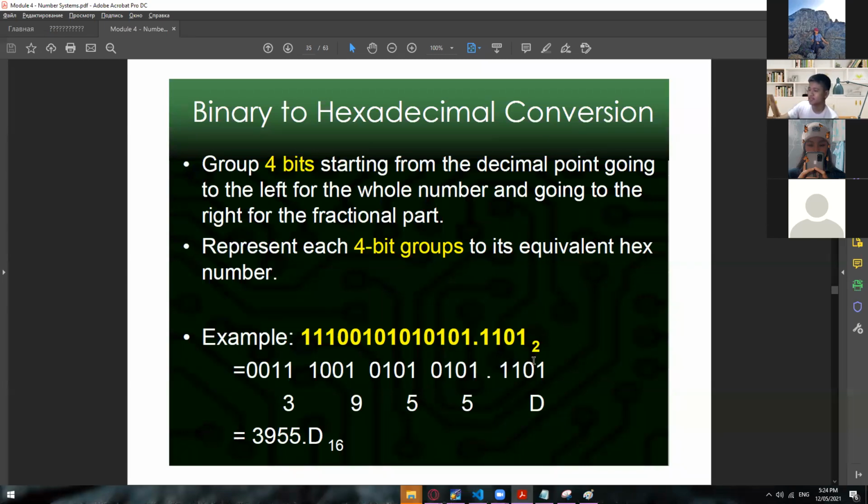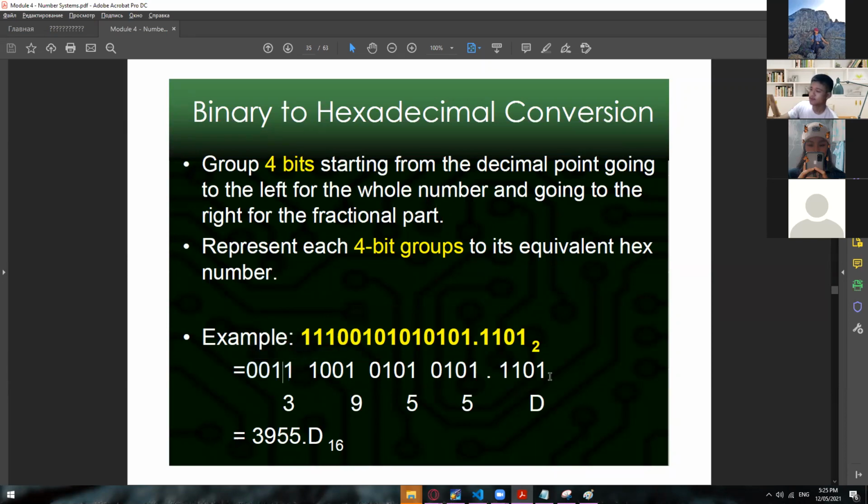So in here, just group them by 4, starting from the lowest bit right here. So 4 characters, another 4 characters, another 4 characters, and another 4 characters. Then 1, 1, so we have an invisible 0, 0, which is now this one. So we need to add two more zeros to represent this one as another 4-bit group.